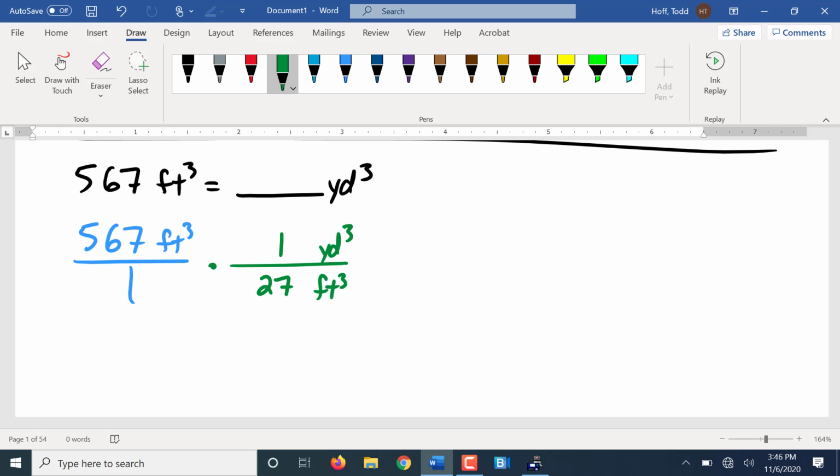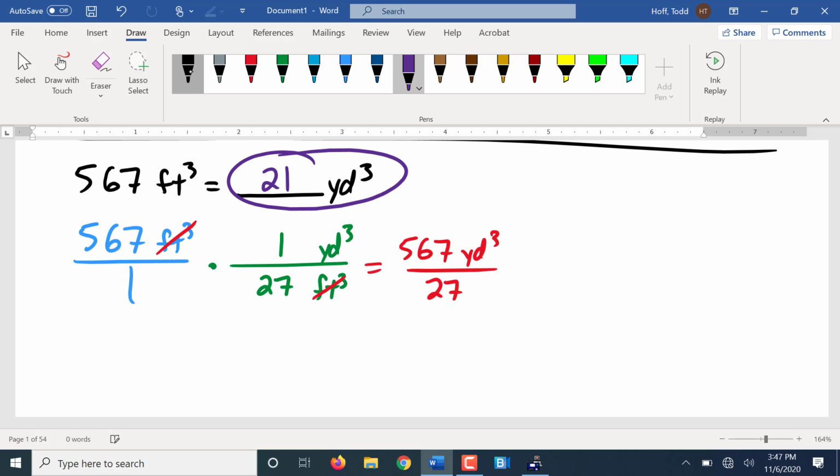So there are 27 cubic feet in a cubic yard. So the cubic feet will cancel out. 567 times 1 cubic yard is 567 cubic yards over 27. What's that divide out to be? 21? So that's 21 cubic yards.